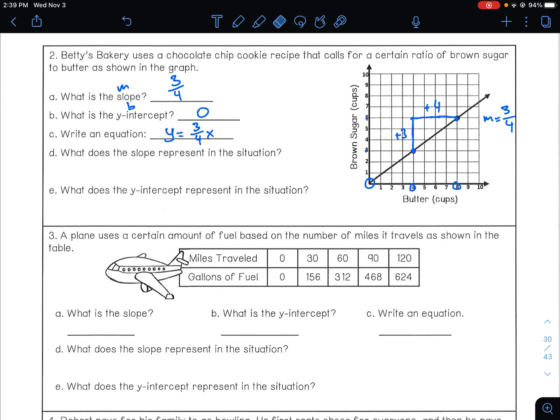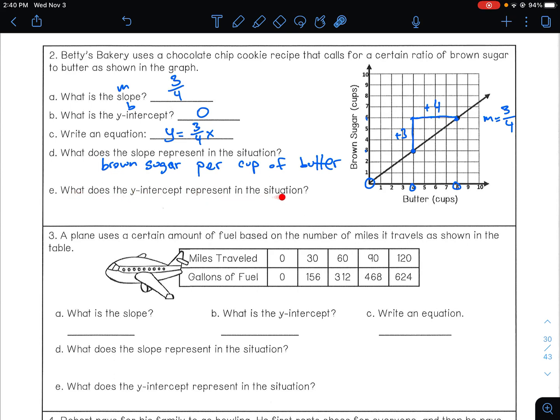What does the slope represent in this situation? It is the y over the x, so the change in the brown sugar. It's the amount of brown sugar per cup of butter. So if my slope is 3/4, that means 3 cups of brown sugar per every 4 cups of butter.